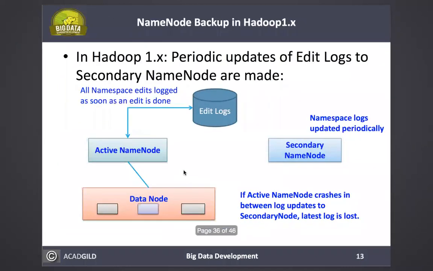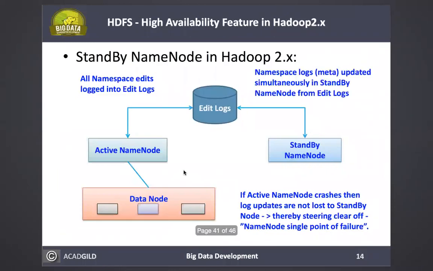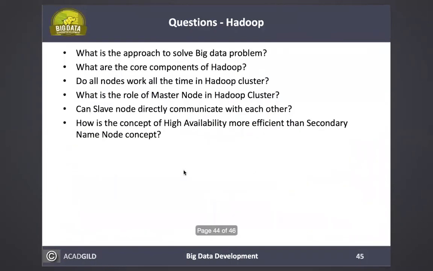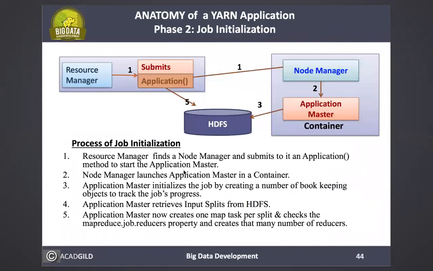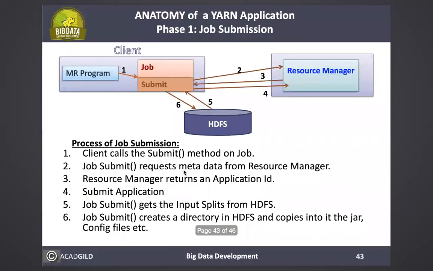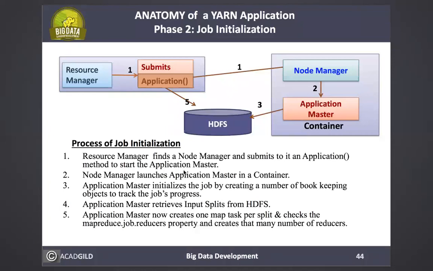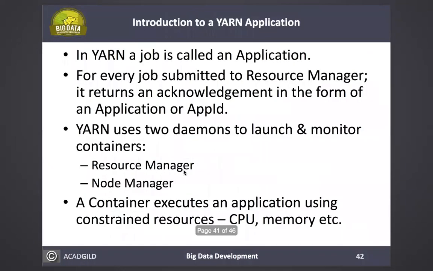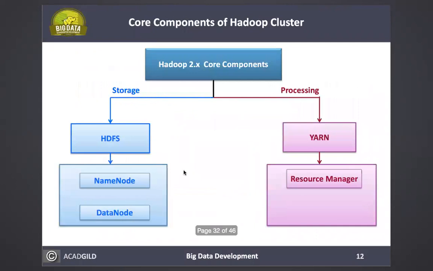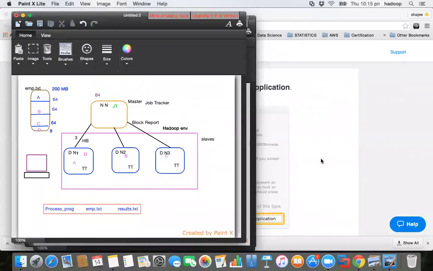So this one, I don't want to cover today because it might be a little over. Resource manager finds a node manager, admits application. All right, so let me take up.